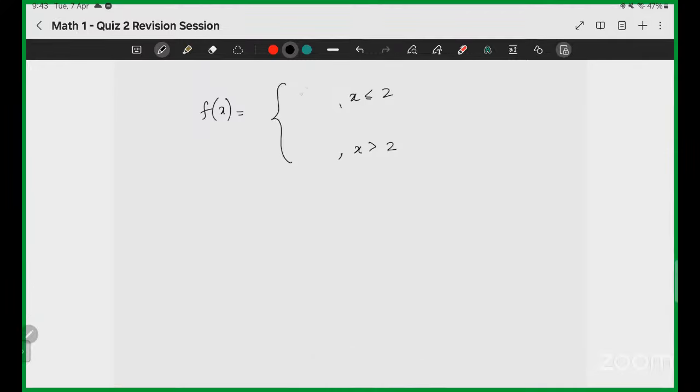Let's do 3 minus x plus... I don't know if this will even work, but 2 plus 3x. x plus b is enough. And the function value.